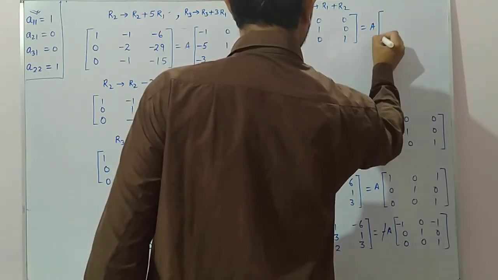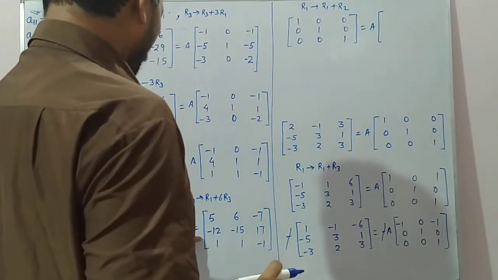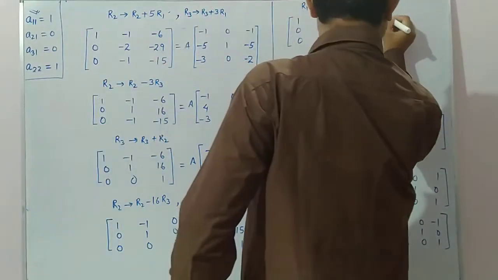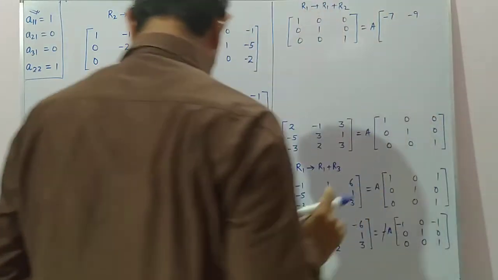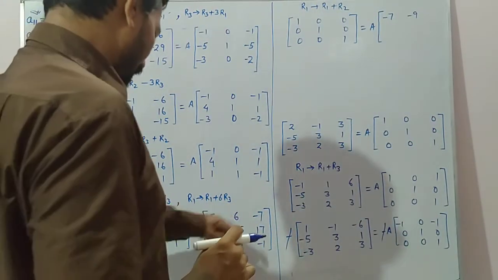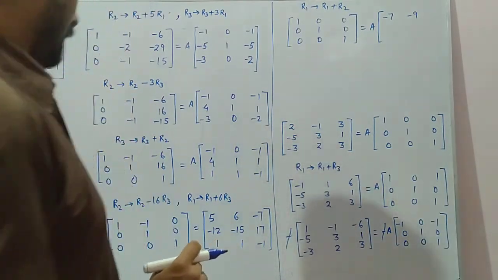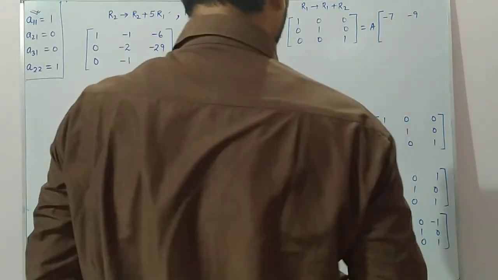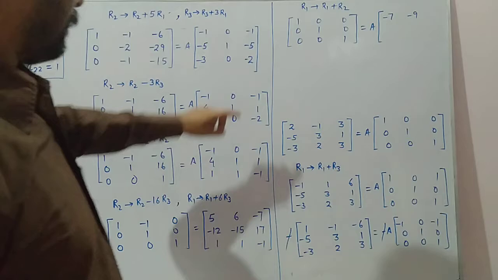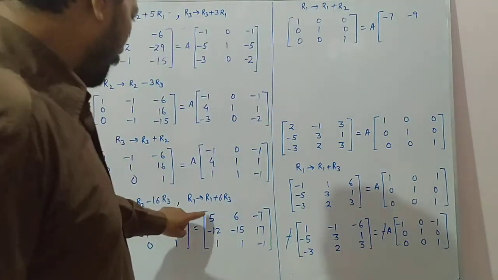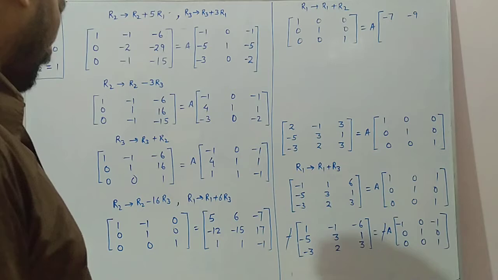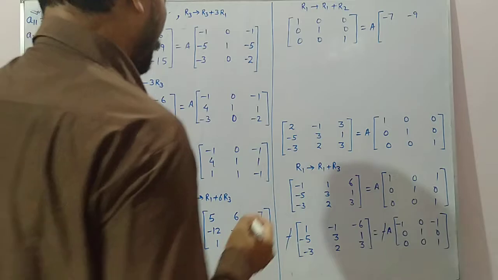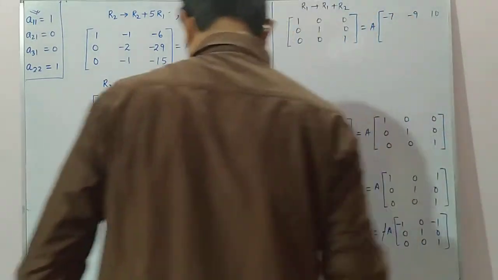This is A. Here R1 changes to R1 plus R2. So this will be 5 minus 12, that is minus 7, 6 minus 15, that is minus 9, minus 7 plus 17, that is plus 10.